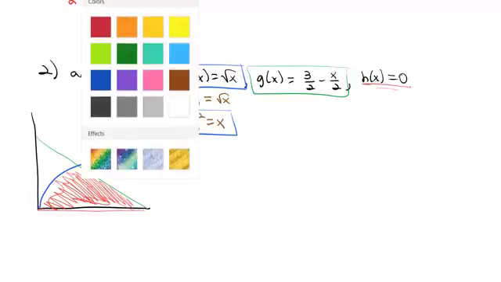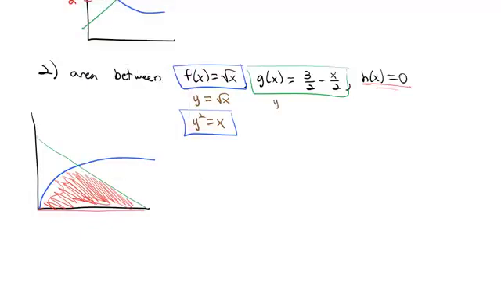With the g of x function, y equals 3/2 minus x over 2. If I multiply both sides by 2, we have 2y equals 3 minus x. Add x and subtract 2y, and we have a new green function. So the green function we can now think of as 3 minus 2y, and the blue function we can think of as y squared.